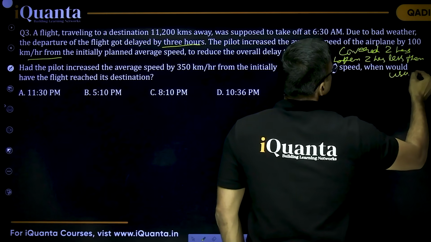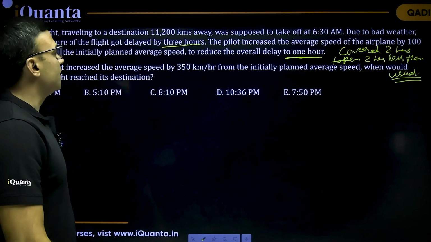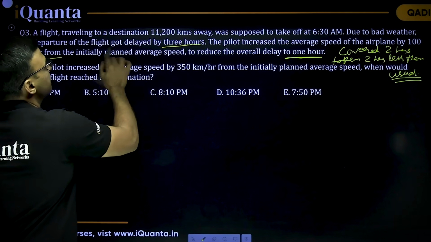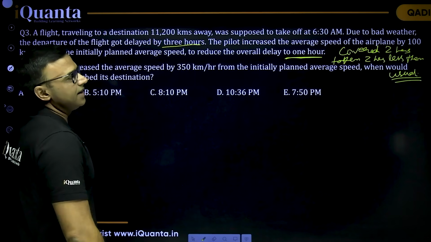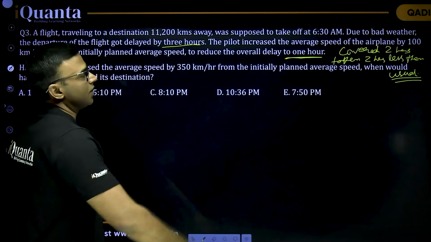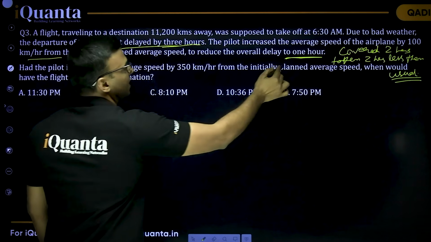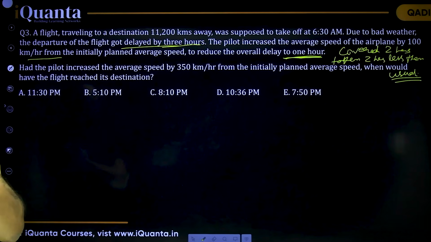That's what it means. जितना लगना चाहिए था उससे 2 घंटे कम लगाया, right? अच्छा, if they had covered 3 hours, they would have reached on time, right? So initial delay 3 hours, final delay 1 hour. That means they have taken 2 hours of travel time less than usual.